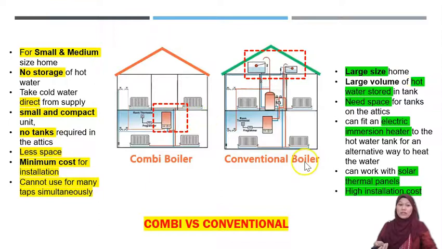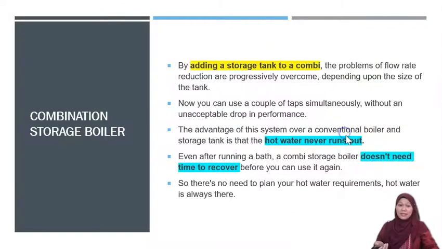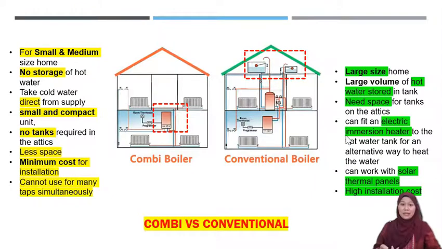So when we look at the conventional, for large size homes, they have a large volume of hot water, so they don't have an issue with limited hot water, and it can use an immersion heater inside the tank. Okay, if they have a problem, they will have a second system to back up for the conventional boiler.